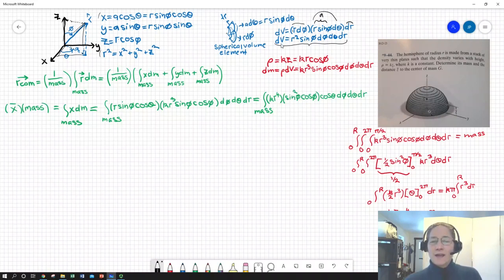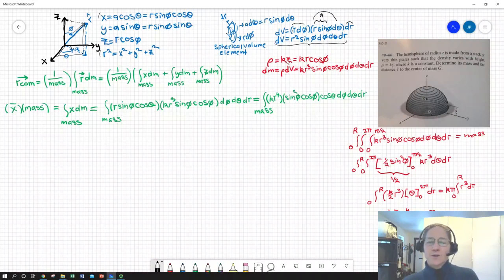Now, rather than having a volume element, which would have been great for centroid, because we want center of mass, we've got to have a mass element. We can remember that our little element of mass is our density times our little element of volume, where the density is specific to that particular element of volume.